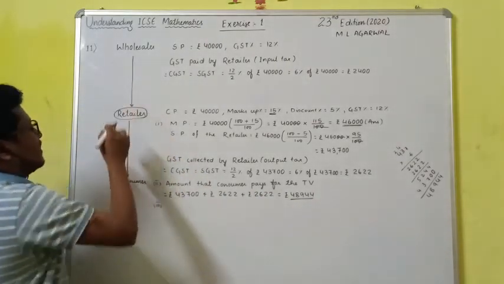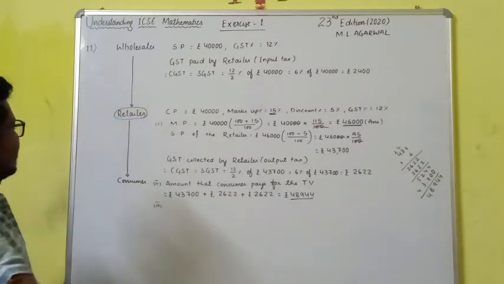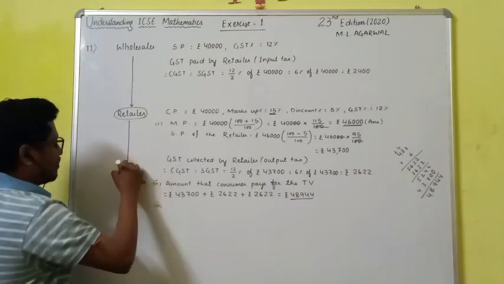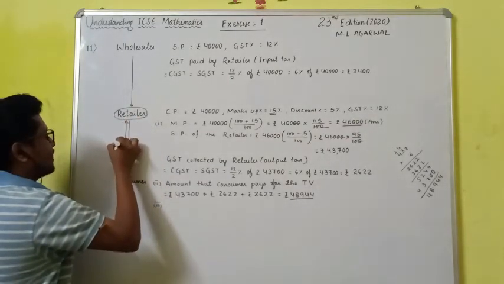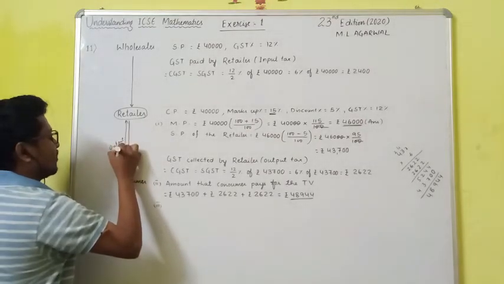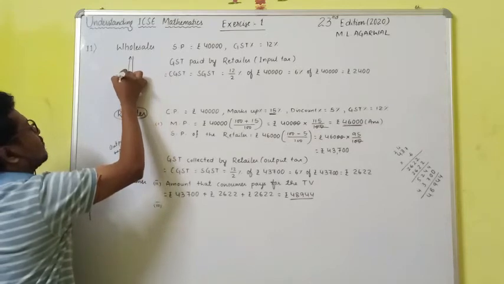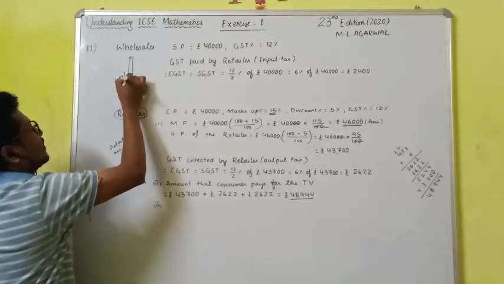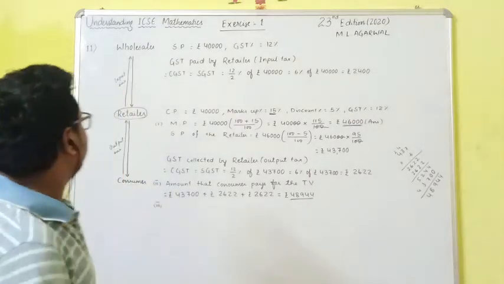Then the third point, that is the amount of tax under GST paid by the retailer to the central government. So here it will be a subtraction of output tax minus input tax. You know that the tax paid by the consumer to the retailer is known as output tax, and the tax paid by the retailer to the wholesaler is called input tax. The difference between these two gives you the tax paid by the retailer to the government.